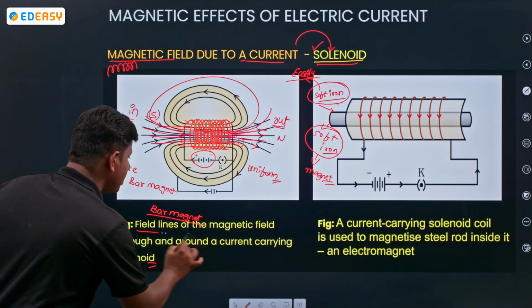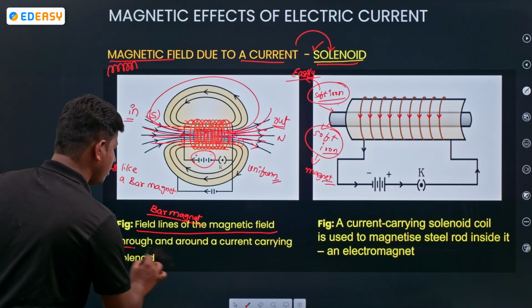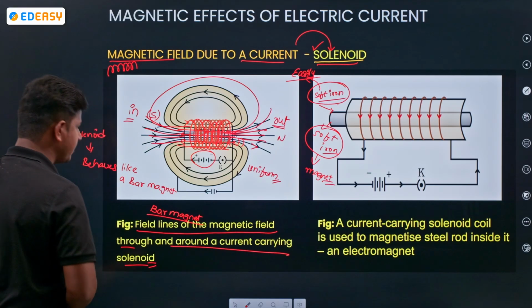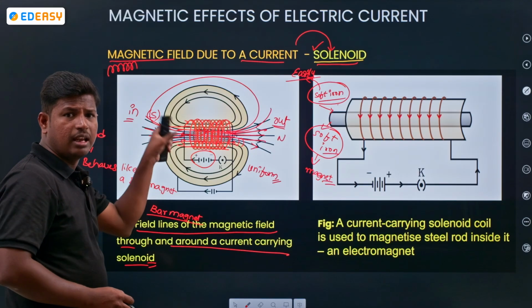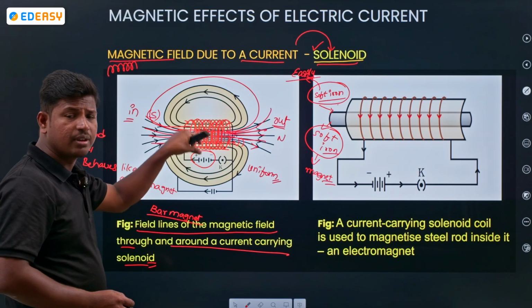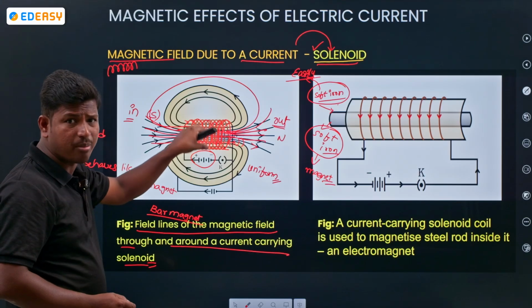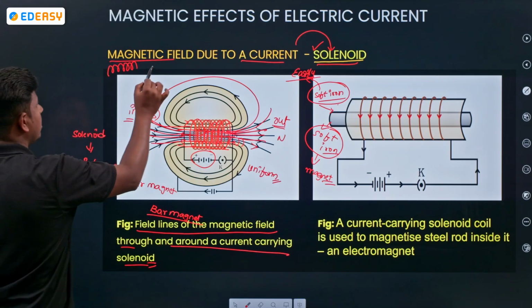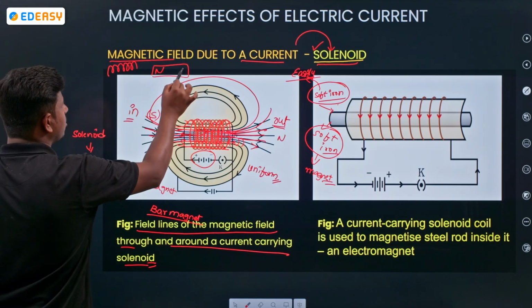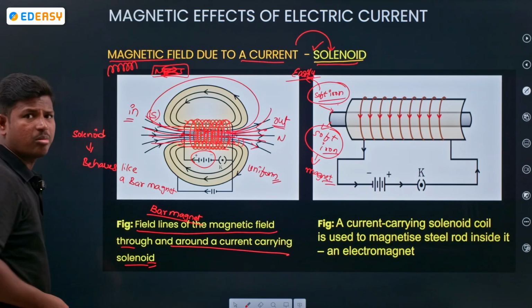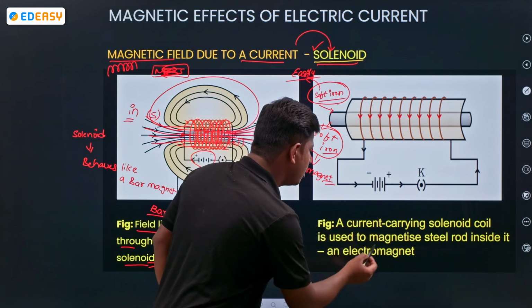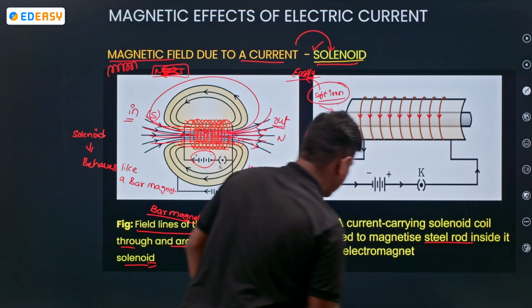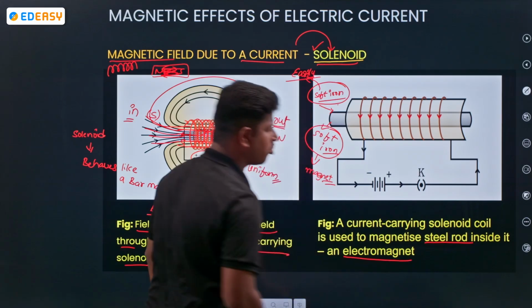See, field lines of the magnetic field around a current carrying solenoid: north pole outside, south pole inside, uniform magnetic field lines like a bar magnet. If you take a bar magnet, south to north, how will it be? Uniform, right?